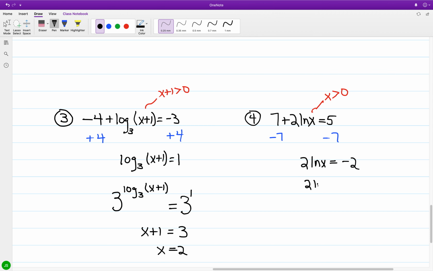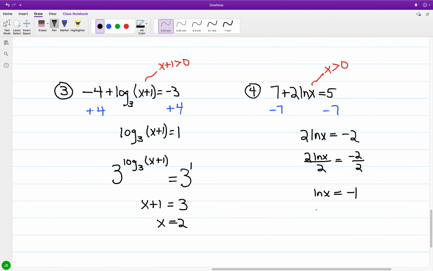And here I can divide both sides of the equation by 2, just to get the natural logarithm of x by itself. So the natural logarithm of x is equal to negative 1. Now I have a natural logarithm, which, again, is a base e logarithm.